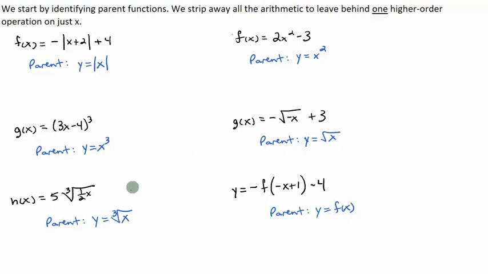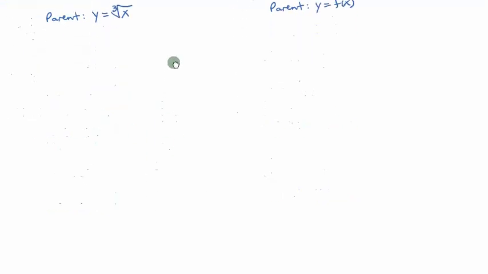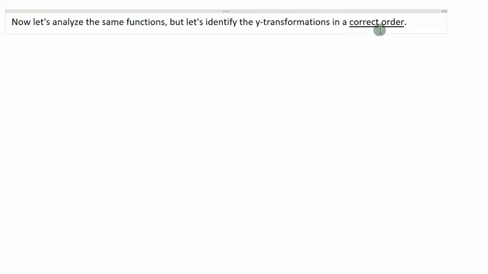Okay, so now let's move on to these same functions and let's start identifying y transformations. So we've identified the parent functions. Next we're going to identify y transformations, and then last we'll identify the x transformations. So we're going to look at the same functions and identify the y transformations in a correct order. That's key.